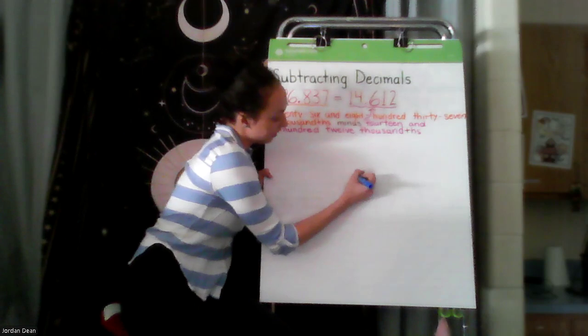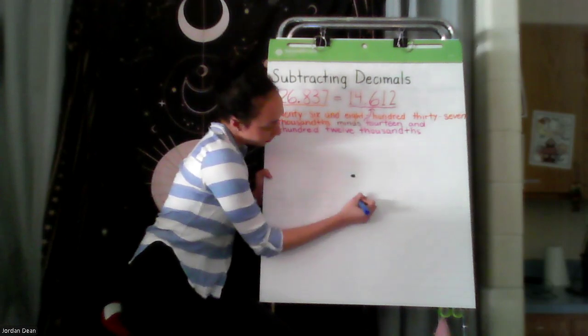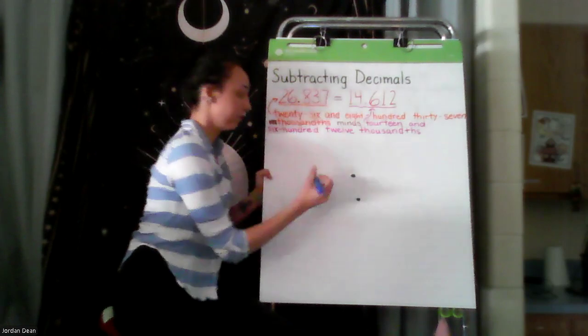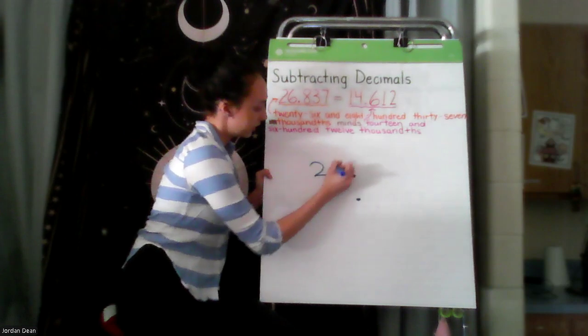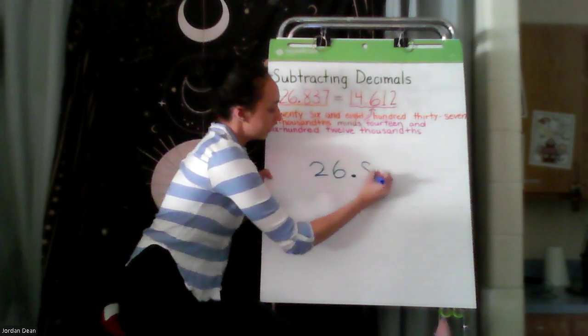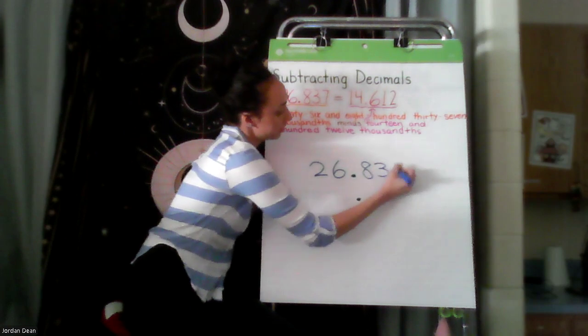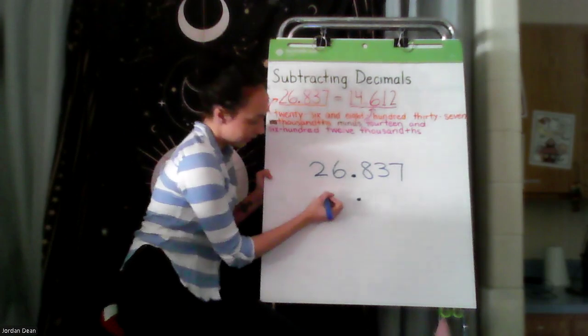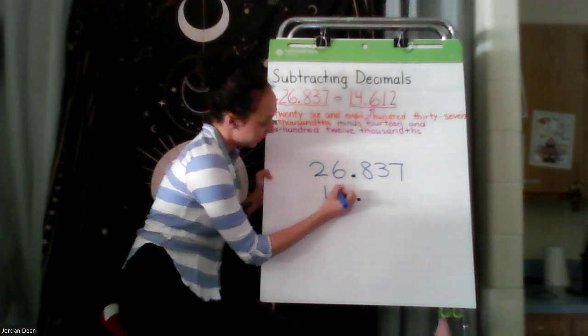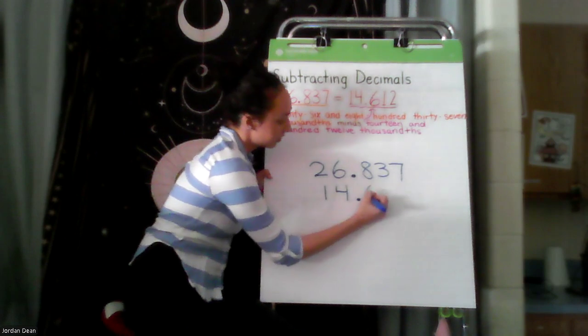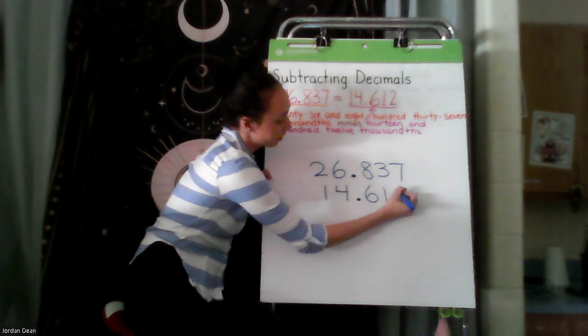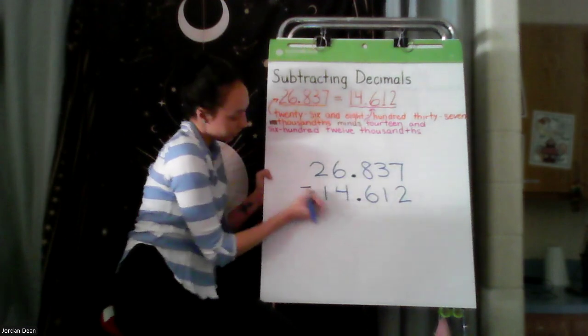So same as last time, line up those decimals, write in our first number, 26 and 837 thousandths, and then our second, 14 and 612 thousandths. And then we're just going to subtract.